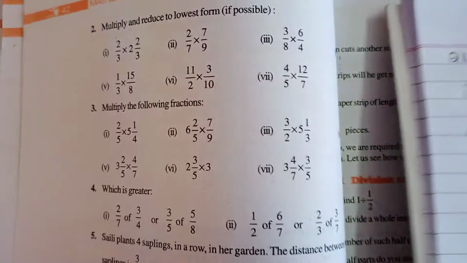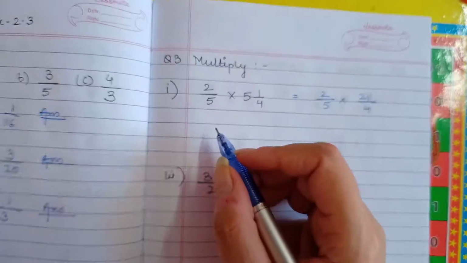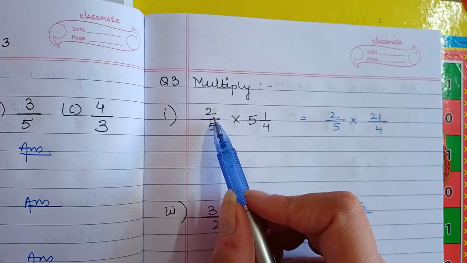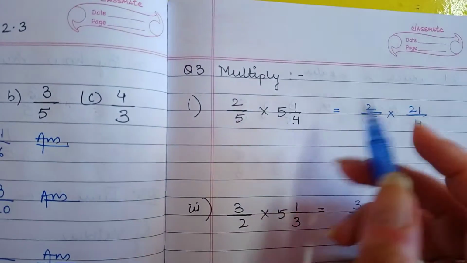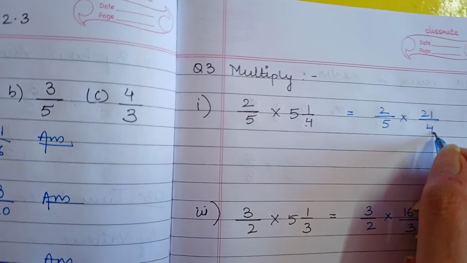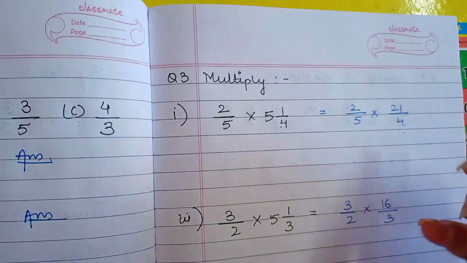Let us move ahead with question number 3. Similarly, in question 3, they are saying multiply the following fractions. So let us multiply the way we did in question 1 and 2. Same way, first you need to write the fraction. Again, it is given in mixed form. So I have converted this into the improper one. We need to see in cross multiplication. Can we cut any number?